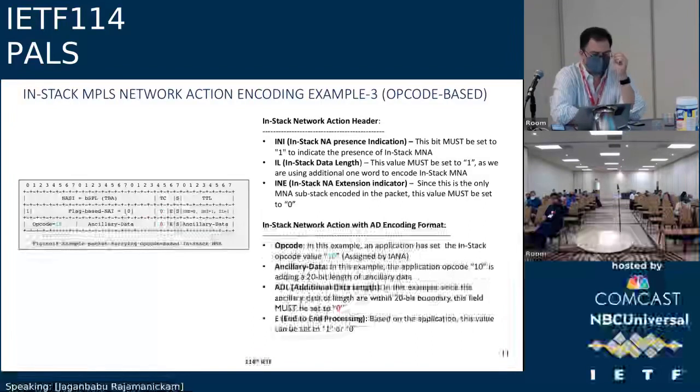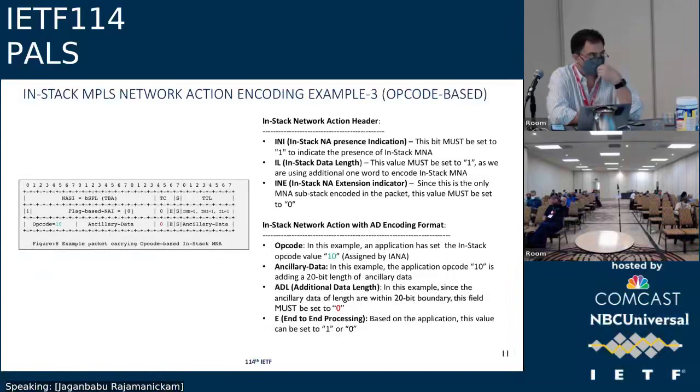Okay, so this is a third example where we are going to encode a plain opcode. We don't have any flag-based here. So in this example, we are encoding the opcode value 10. That is, the application which has been assigned opcode value 10 is going to carry its corresponding auxiliary data with it, so that all the nodes can process their network actions correspondingly.